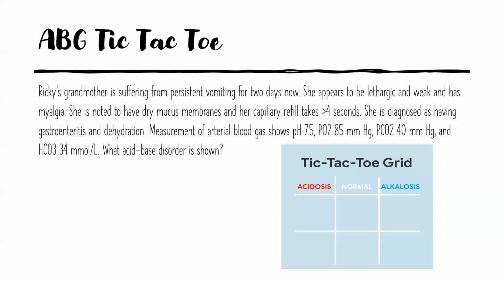Is that showing acidosis, a normal value, or alkalosis? Then you'll look at your bicarb, your HCO3. Is that showing acidosis, a normal range, or alkalosis? Wherever those values are, you fill them in the tic-tac-toe grid. Take a moment to do that, or pause the video if you need to.